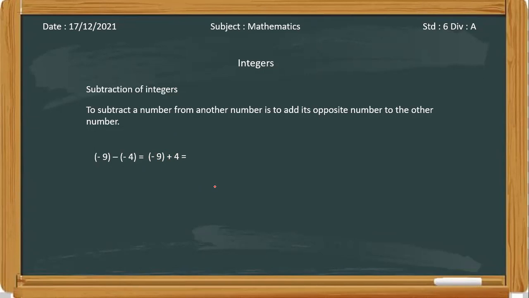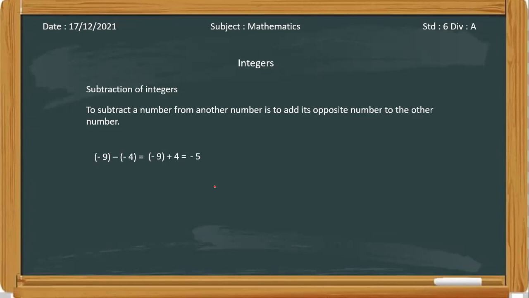Yes, subtract. The subtraction will give 5, and we give the sign of the bigger number to the answer, which is minus. So our answer will be -5. See, we are applying the opposite number here, and we are applying the addition of integers rules here. So subtraction of integers is a mixture of what? Opposite numbers and addition rules.